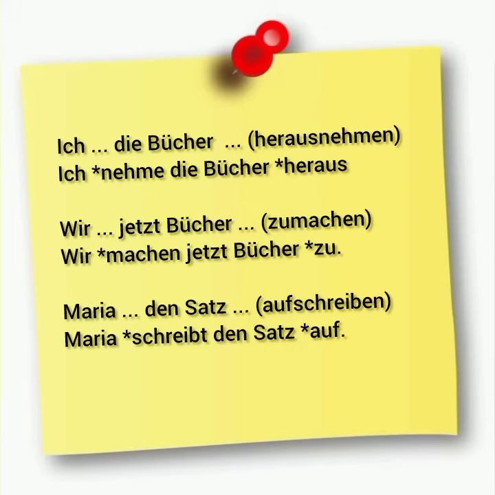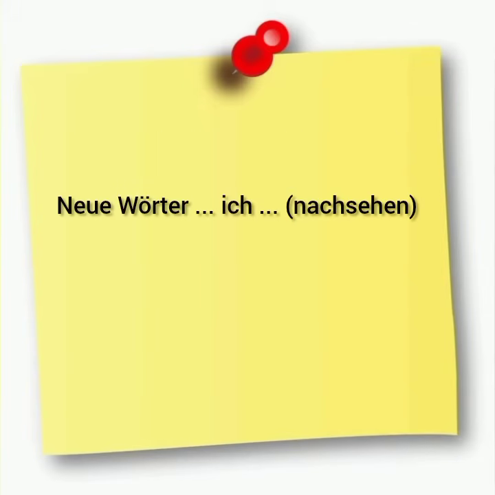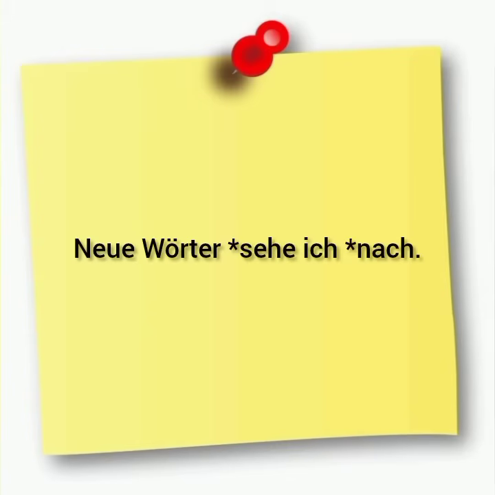I also wanted to attempt this one here, number 7. Neue Wörter ___ ich ___. In brackets you have the verb nachsehen. Just pause here and attempt it. Right, so let's now see how you've attempted it. The verb is nachsehen, so I do the same thing. I remove nach, put it at the end, and remain with sehen, which I conjugate depending on the subject.